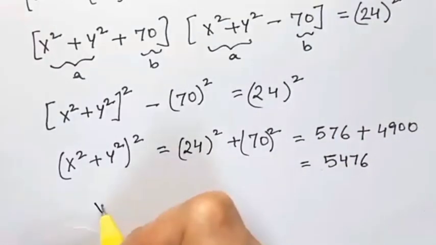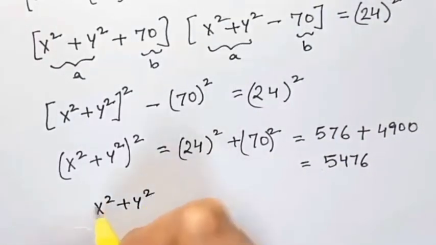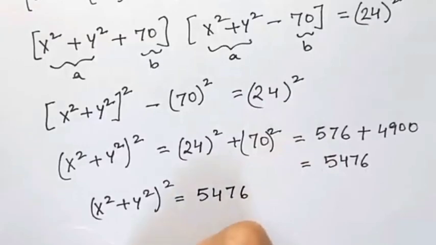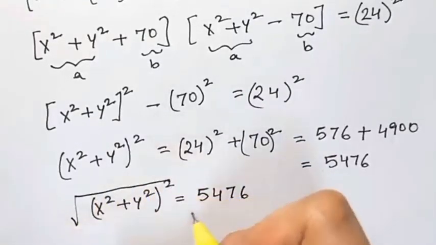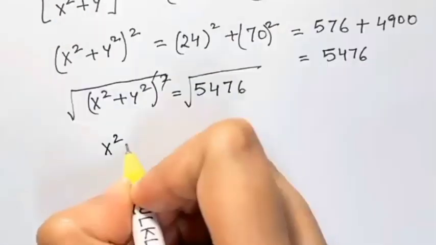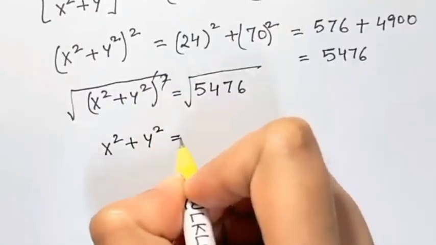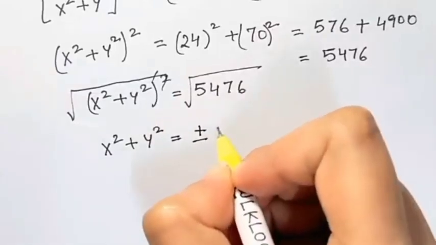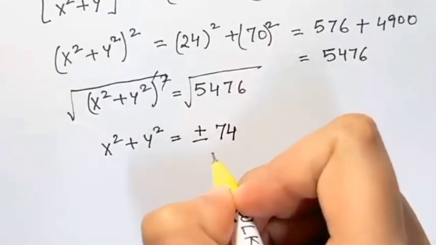So I've got (x² + y²)² is equal to 5476. Now I'm going to take the square root on both sides to eliminate the square. So I have x² + y² is equal to the square root of 5476, which is plus or minus 74.